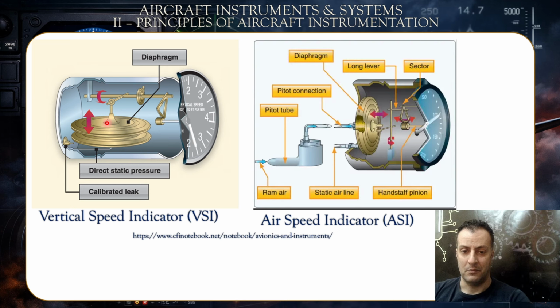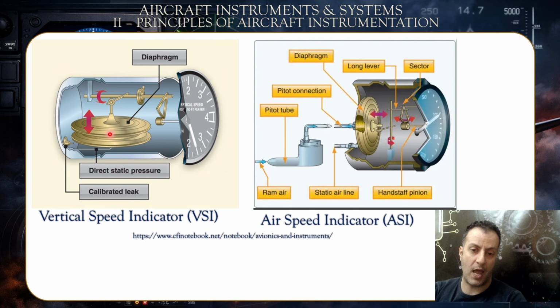Now, when it's descending, the opposite happens. It means that it will collapse. Why? Because now the external pressure is increasing, so it will become more extreme than the pressure of the air on the inside.